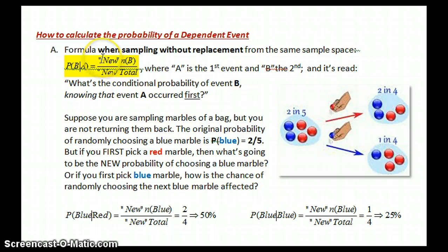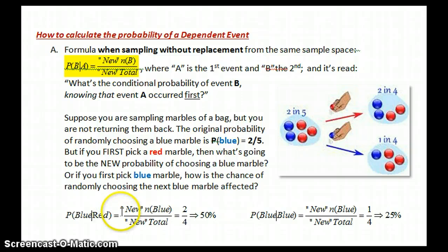The numerator is going to be simply the new number of times the second event can happen over the new total. So if you notice down here, this is the example we were talking about. This is the conditional probability of choosing a blue marble, knowing that a red marble was chosen first.